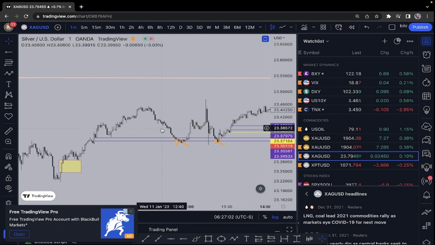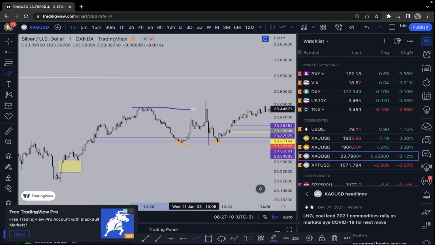What I want you to look at is that while all these lows are being created, price neglected the high, or I should say failed to break above the high. So that for me tells us that the market is bullish, because we haven't really tested the buy side liquidity as yet. We're building in sell side liquidity.